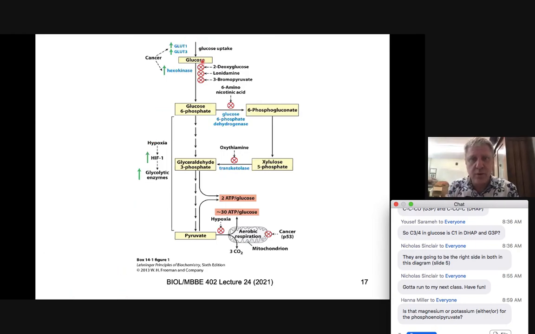So we have glucose uptake in cancer. We see an increasing transport system and increasing enzymes in regards to the cancerous form, as we talked about before. We see a hypoxic environment occurring where the cells become more anaerobic, where they're not getting the required oxygen.